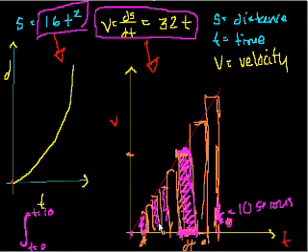And I'm going to take the sum of each of the heights, the height at any given point, which is the velocity, and then what's the formula for the velocity? It's 32t, and then I'm going to times the base of each of these rectangles, dt.